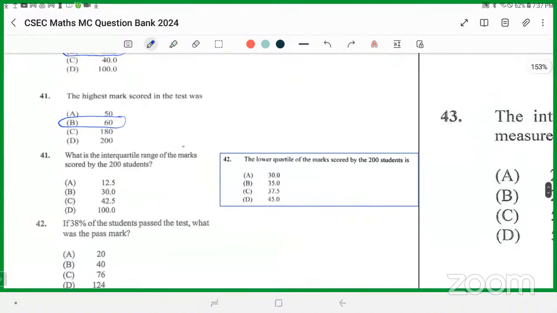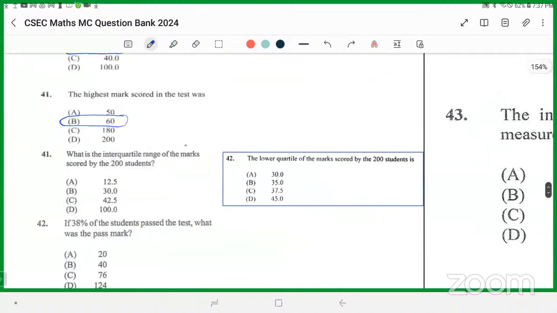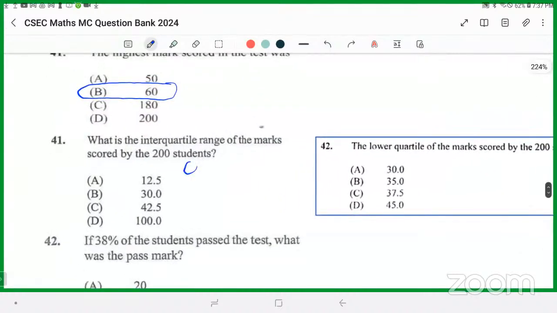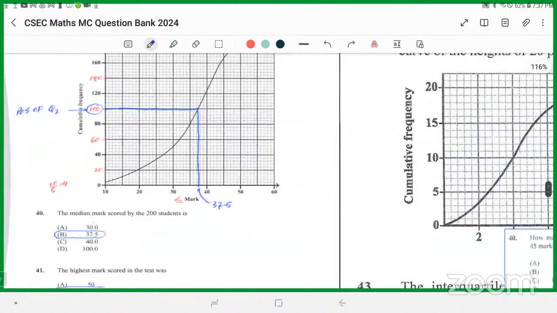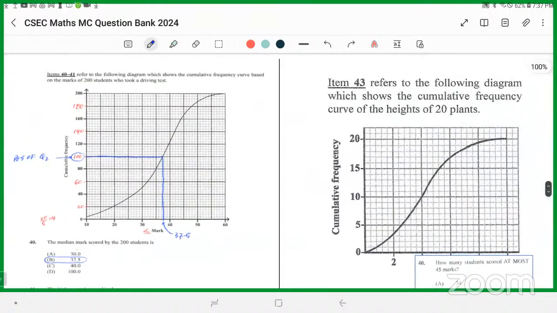It says, what is the interquartile range mark of the 200 students? So we need Q3 minus Q1. So we have to find Q3 and Q1. So firstly, since there are 200 students, the portion of Q1 is 1/4 of the 200. It is 50.